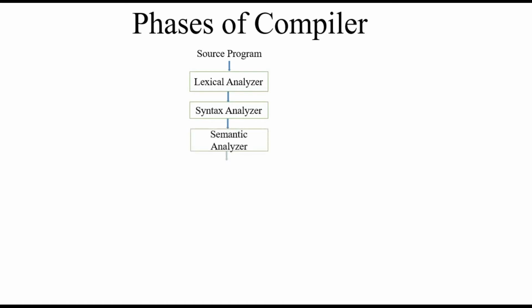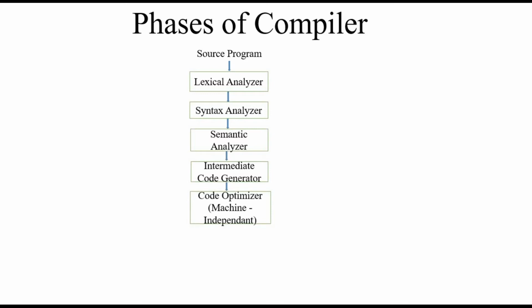It gives input to the intermediate code generator. The output of the intermediate code generator is taken as input by the code optimizer, which is machine independent. The output of the code optimizer is given as input to the code generator, and finally your target program is generated.